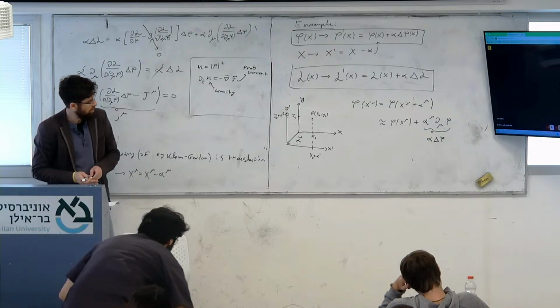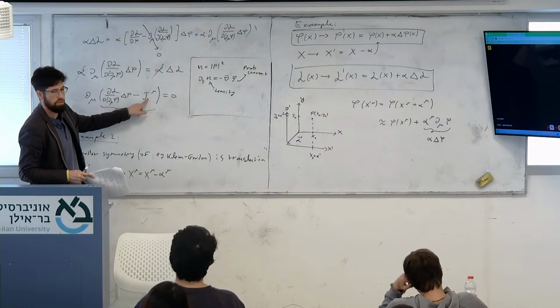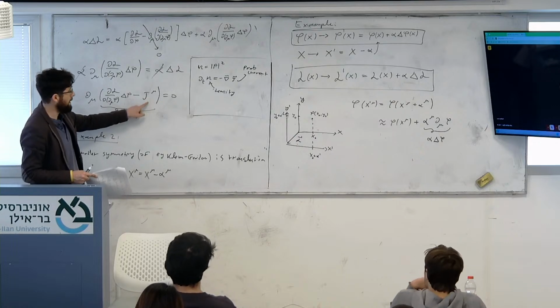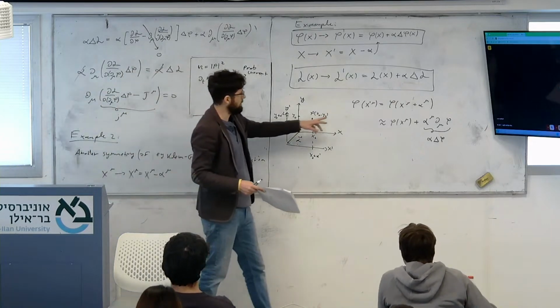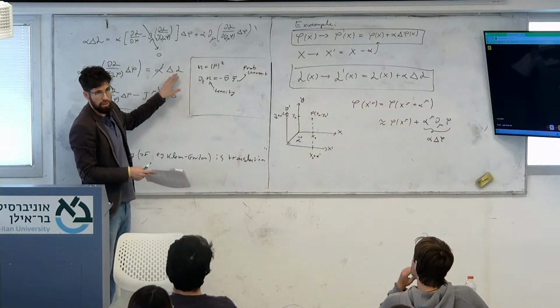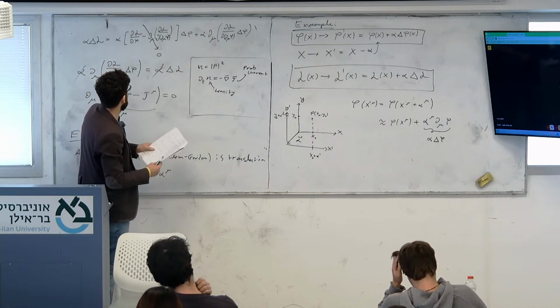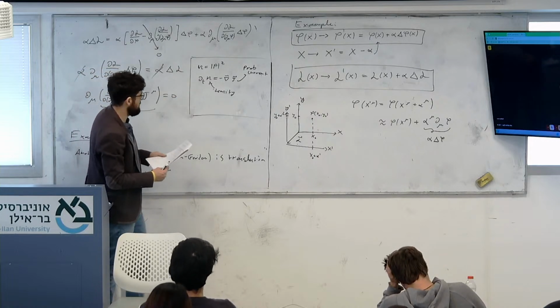Now, here is a perfect example where you see that this j doesn't vanish, because now when we do this coordinate transformation, we see that L is going to change. So delta L is not 0 in this case. Okay, so how do we see that?